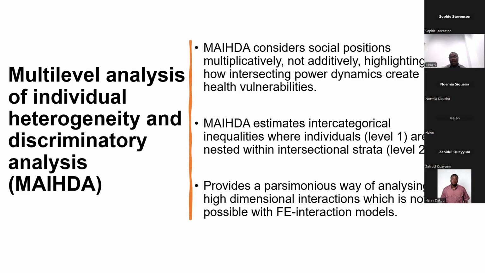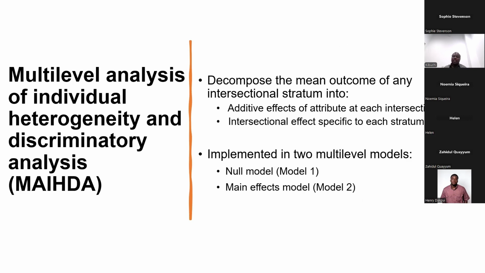And then after analyzing those clusters is where you can see which groups are more vulnerable compared to others. What it does is usually decompose the mean outcome of any intersectional stratum into 2 components: an additive effect, which you attribute to each intersection based on the social determinants of health you want to consider, and intersectional effects specific to each stratum. So you'll be able to see, within each intersection, what the differences are.